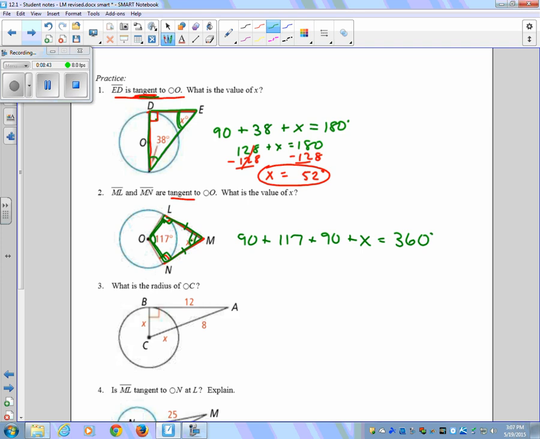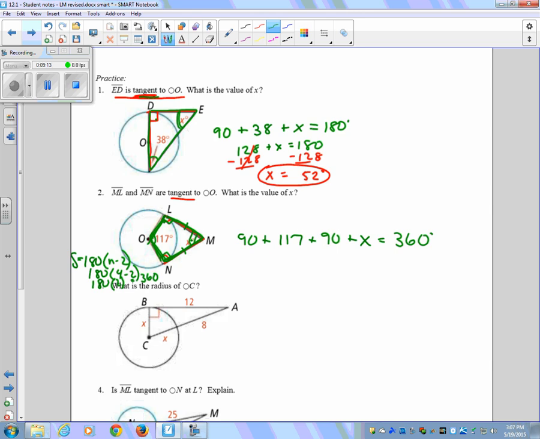If you forgot that it was 360, remember that for any polygon, 180 times n minus 2 is the sum of the measures of the interior angles. Here n is the number of sides, this has 4 sides, so 4 minus 2 is 2, so this is 180 times 2, or 360, for a 4-sided figure.